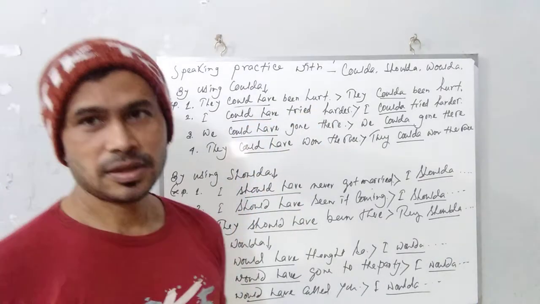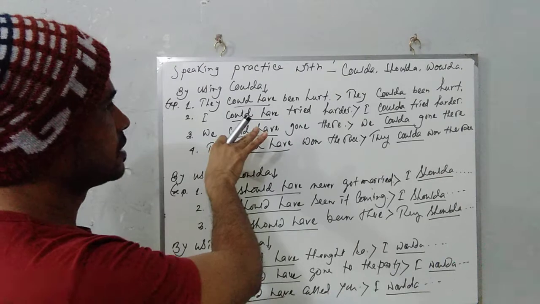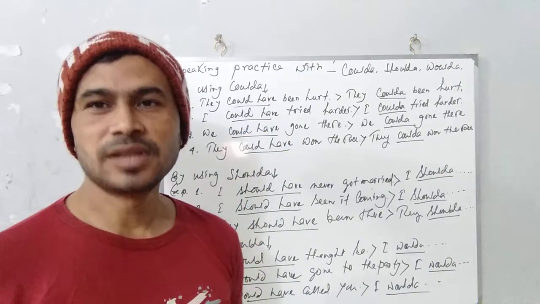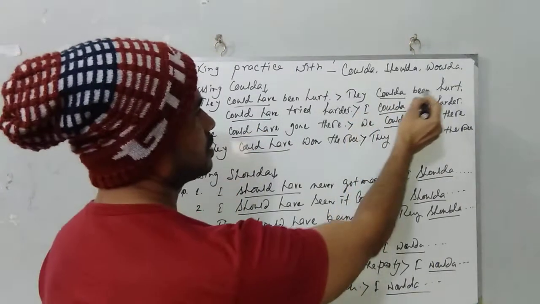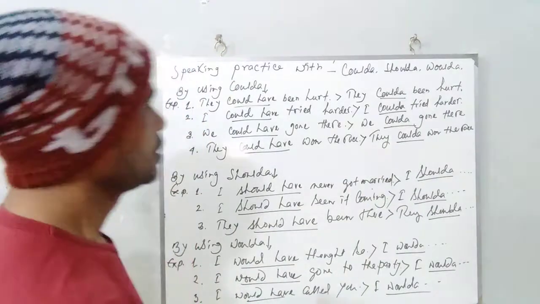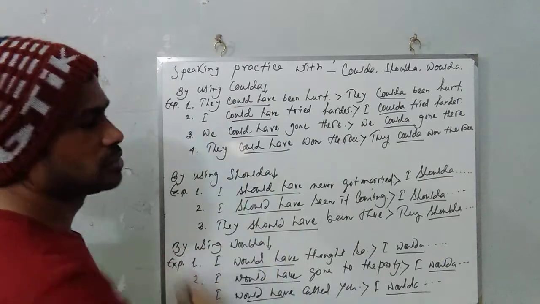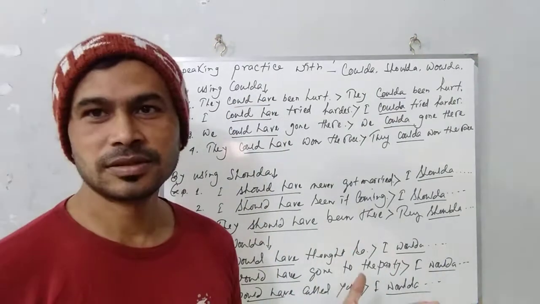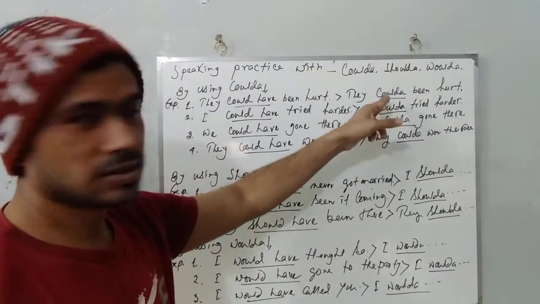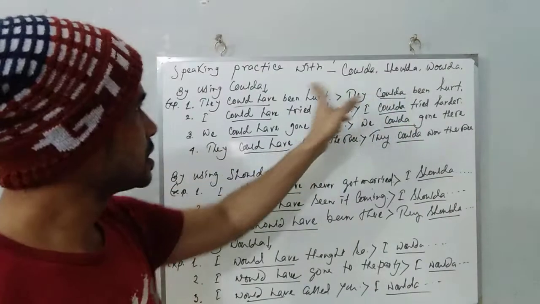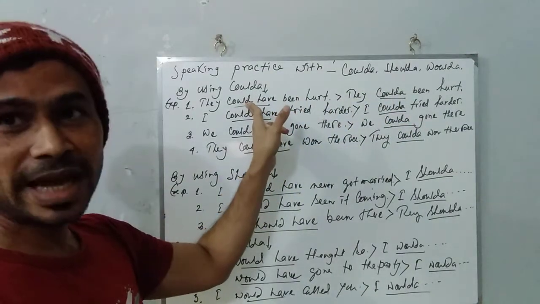Except this sentence, we can say that they could have been hurt. So here we use coulda, which is a short form of could have, or we can say the contraction. Coulda is a contraction of could have.